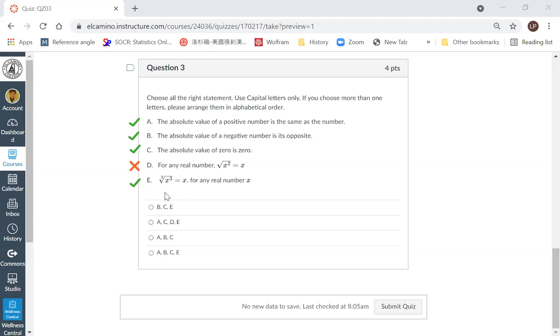This is correct, but without that cubic root, it's wrong. So that's my correction, because this quiz is worth 4 points.